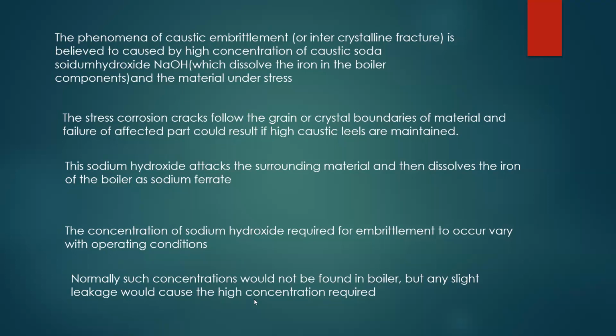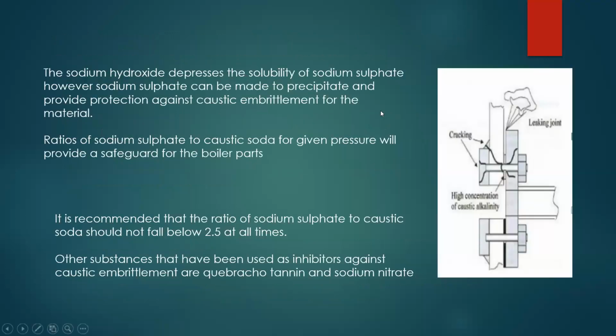So if there is any leakage anywhere in the boiler, like your gauge glass, some joint, or some manhole is leaking, then in all these areas it is going to cause corrosion. Sodium hydroxide depresses the solubility of sodium sulfate, so your sodium hydroxide doesn't let the sodium sulfate dissolve.